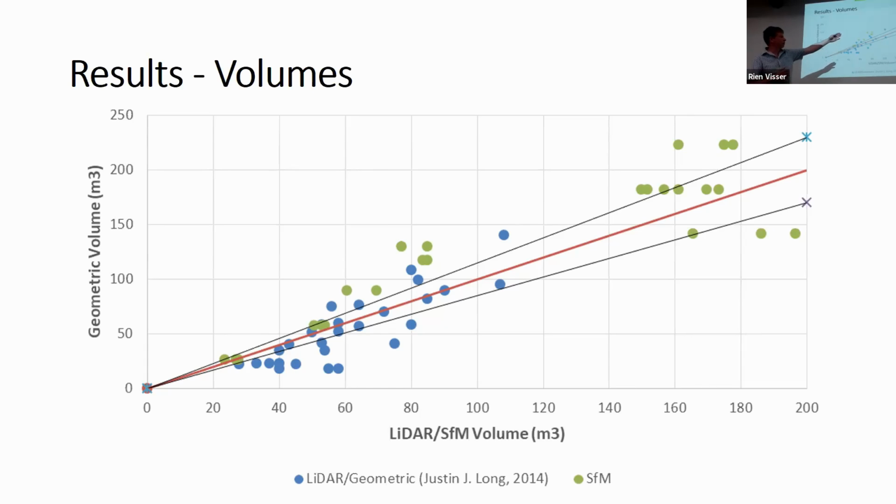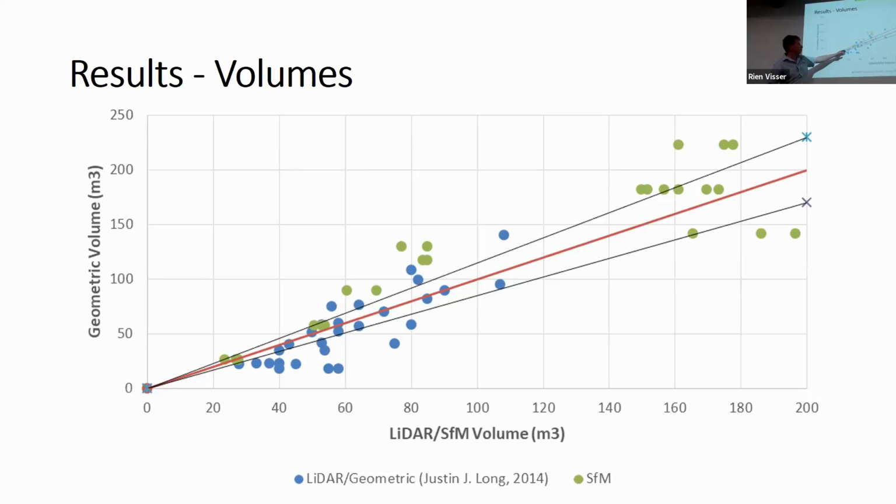At high volumes, it tends to be reasonably close, but there's still some variation. Again, that's likely due to the geometric method, not the Structure from Motion, as the measurements were preserved very well and the DEMs were of fine quality. So from that, the volume of the pile should still be accurate.